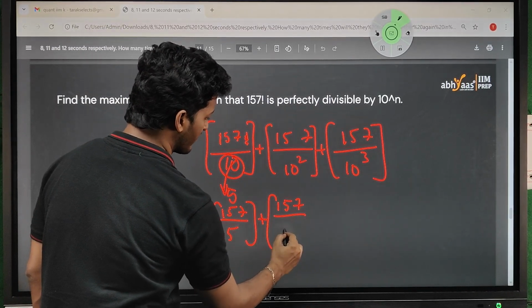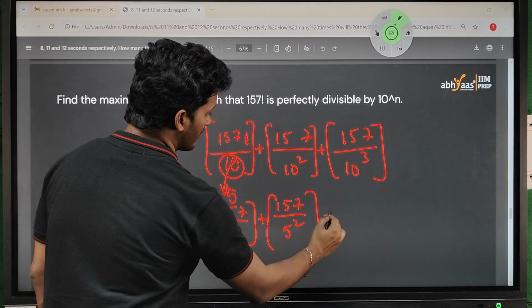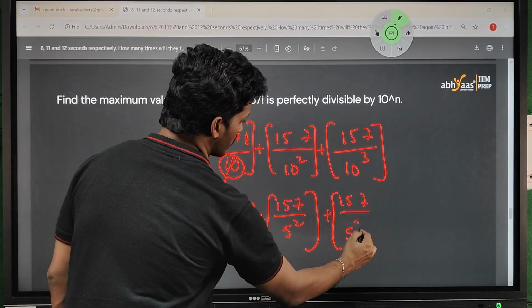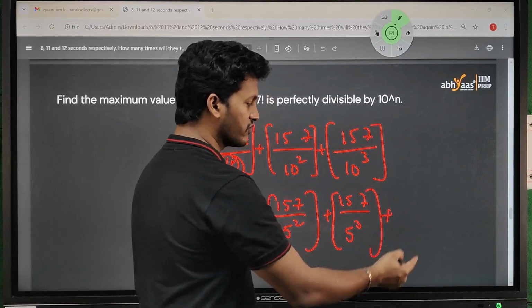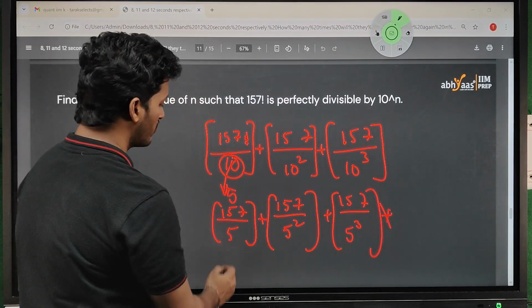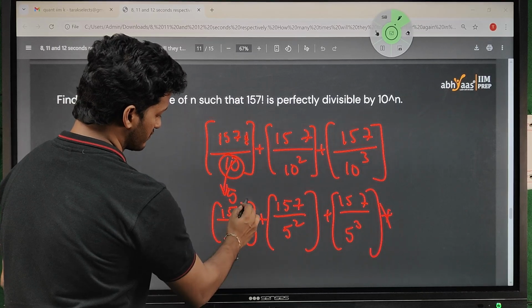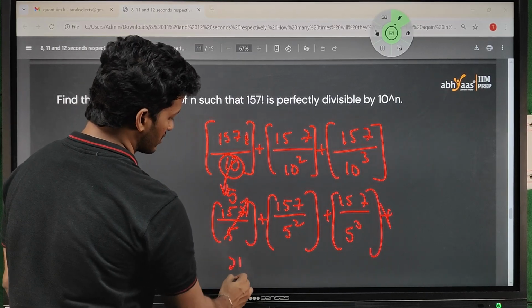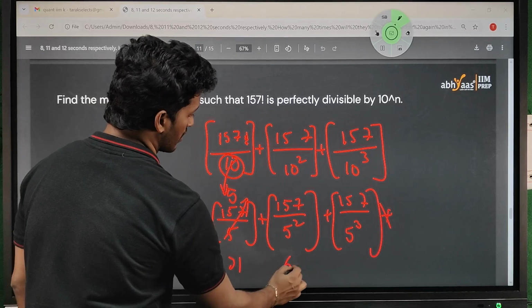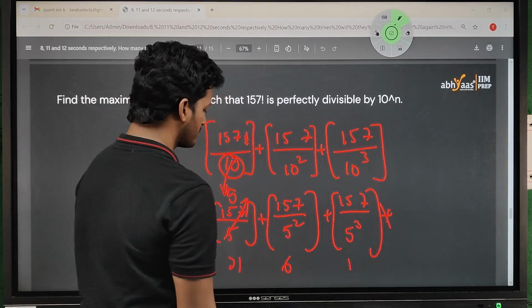So 157 divided by 5, plus 157 divided by 5 square, plus 157 divided by 5 cube and so on, but 5 power 4 will cross 157, so I'm stopping here. Okay, so 157 divided by 5 is 31, and for 5 square, 25, it is 6. Here only 1.